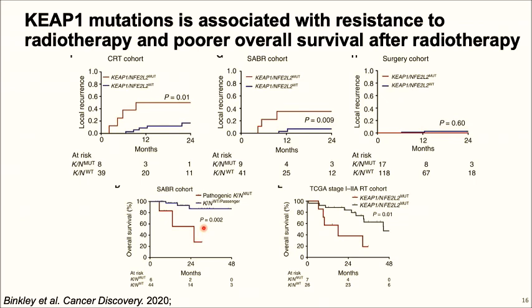Recently, a group from Stanford published data on patients that received conventional radiation, CRT here, or high-dose radiation, SABR here, where patients that have mutations in KEAP1 also did worse than patients that didn't have that alteration, in terms of local recurrence but also overall survival.